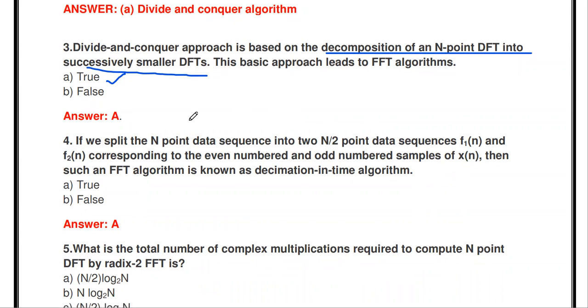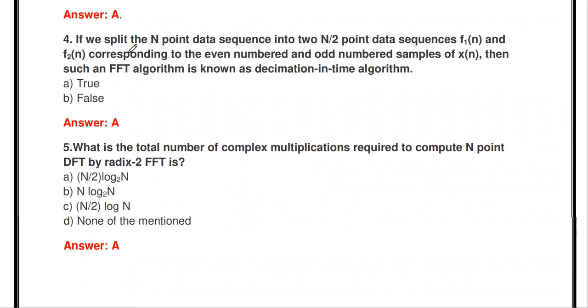It's true. The next one: if we split the N data sequence into two N by 2 data sequences, f1 of n and f2 of n, corresponding to even numbered and odd numbered samples of x of n, then such an FFT algorithm is known as the decimation in time algorithm, that is the DIT algorithm.